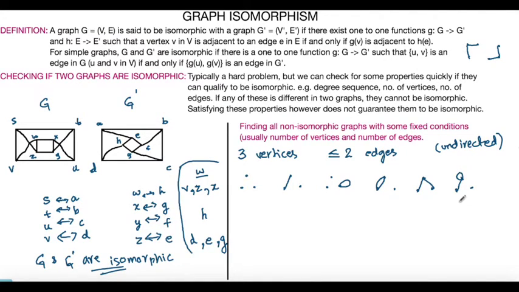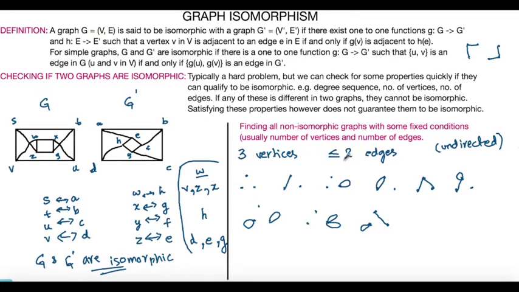Then one is this one, and then one is this one.